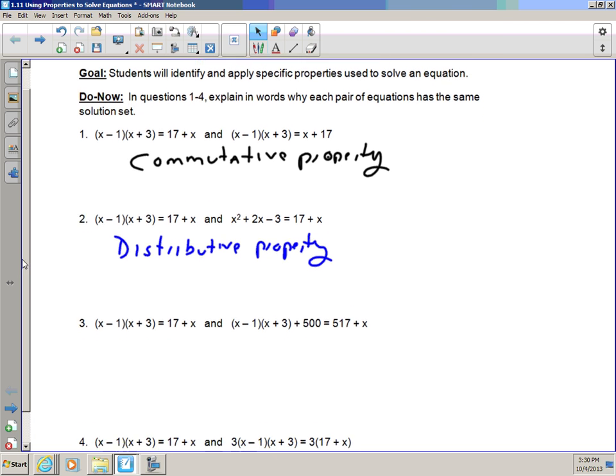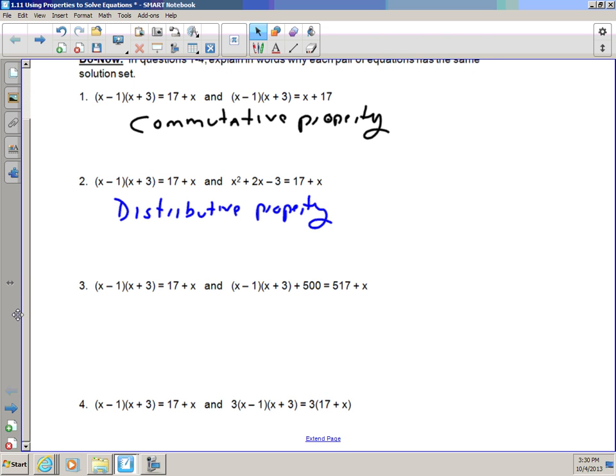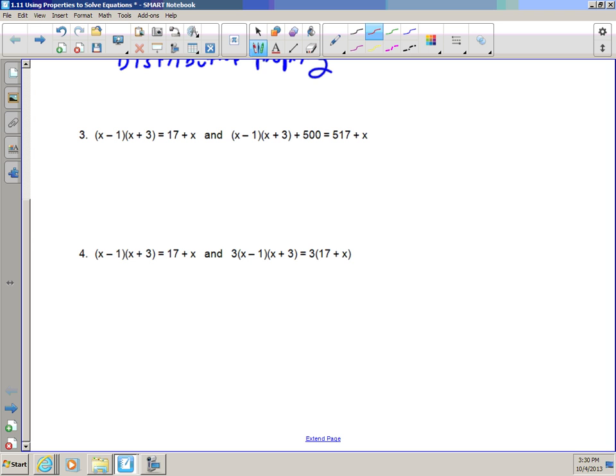Now, if you look at the third example, what we did, and we'll get to what the specific property is in a moment, is we added 500 to both sides.